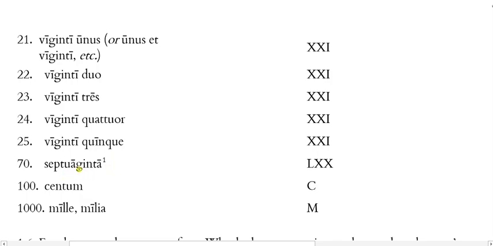And the word for 70 is septuaginta. So I thought I'd throw this in here just for fun. And then the Roman numeral for 70 is LXX, and that's also a traditional abbreviation for the Septuagint as a Bible translation. 100 centum, and 1,000 mille, and then the declinable neuter plural form for thousands, milia.